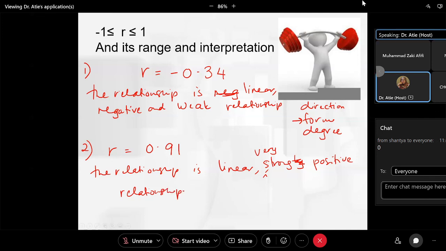So that's how you write the final answer in terms of a correlation question or analysis and so on. Is everybody okay? Do you understand?